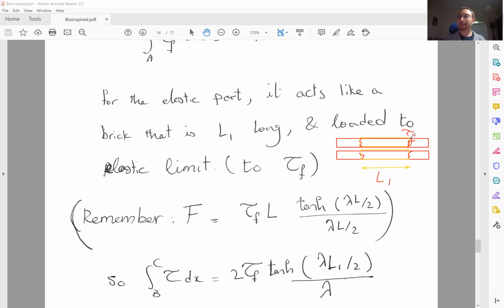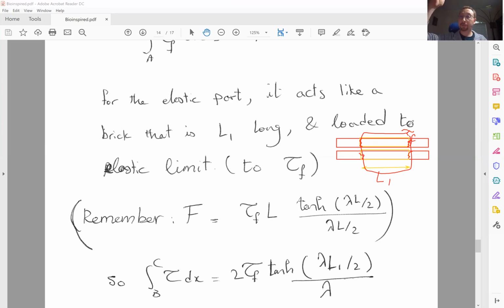You remember the first part of the problem where we looked at the elastic deformation? The force carried by only this elastically deformed region is exactly the same as the force carried by a pair of tablets deforming elastically, with length L1, where the boundary has reached the critical value. So the force is so high that the boundaries have failed.